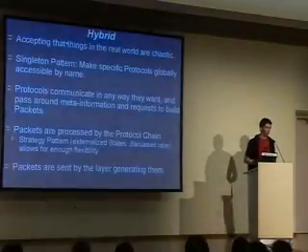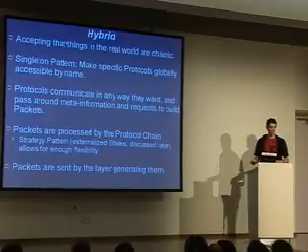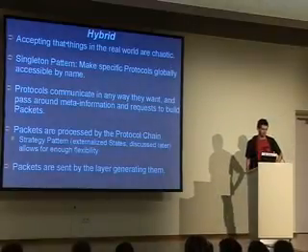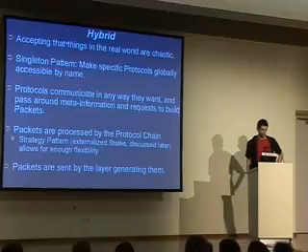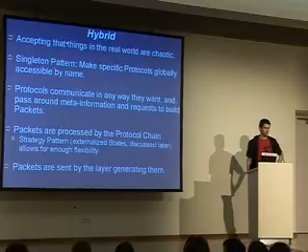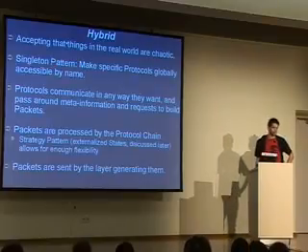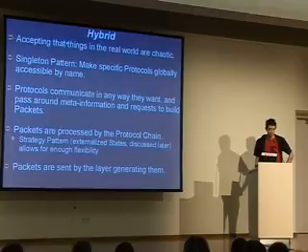So the hybrid approach, which I don't have because it's really chaotic, is just accepting that in the real world things are chaotic. And so all the protocols can talk to all the protocols. And we use the singleton pattern for that, which is basically just saying we have global variables through various means so that protocols can find each other and communicate with each other.